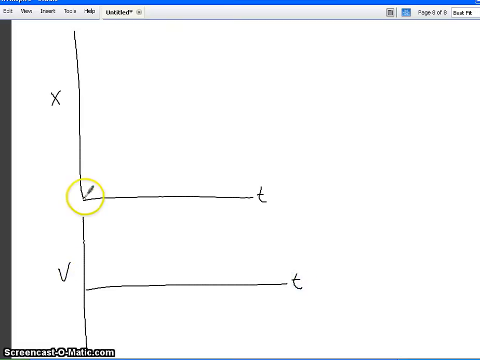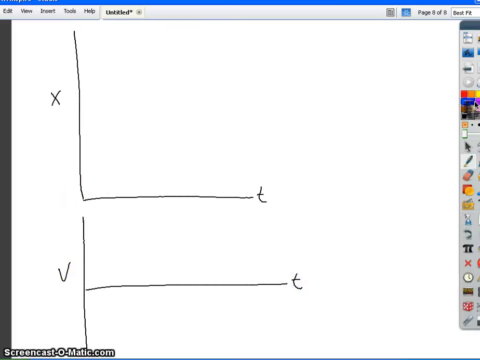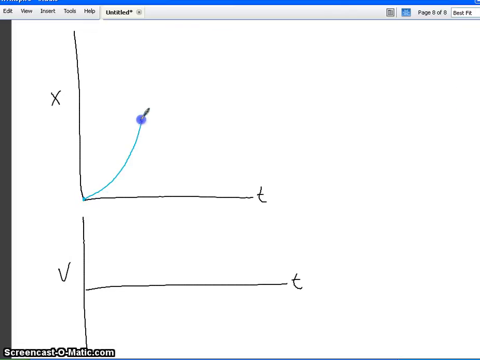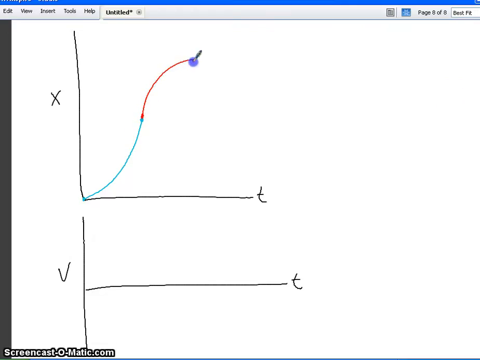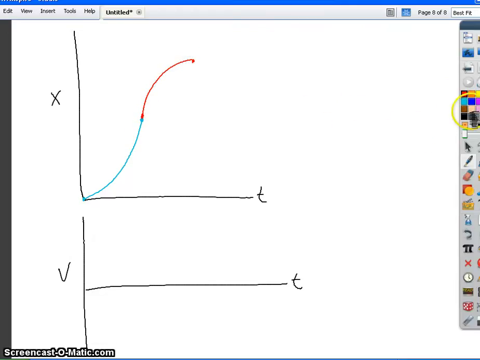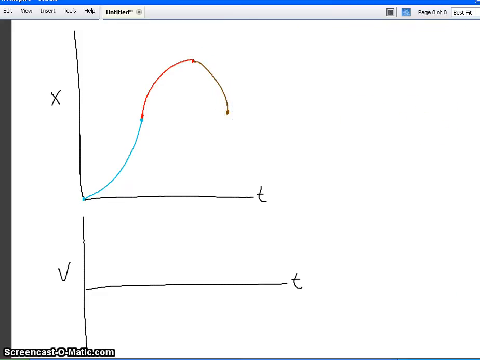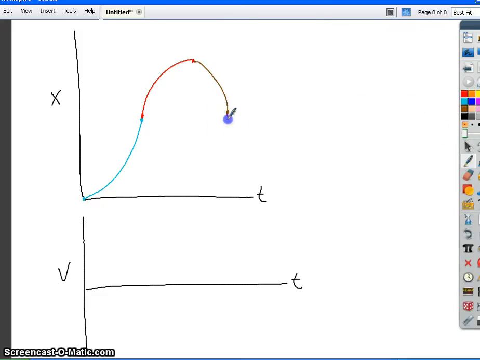Let's say we have an object, I'm going to do different colors here, that is accelerating. It stops. It is then going to curve up like this, stop. It's going to curve back down, stop, and then it's going to do this. Okay.